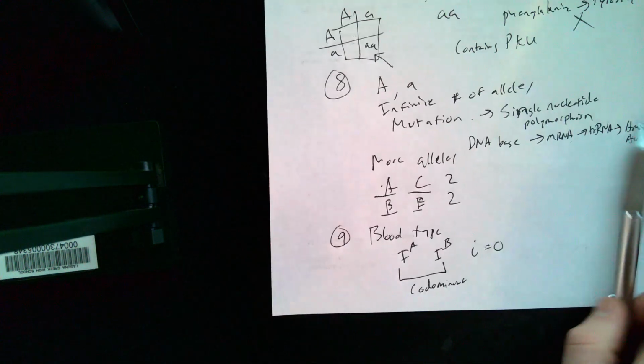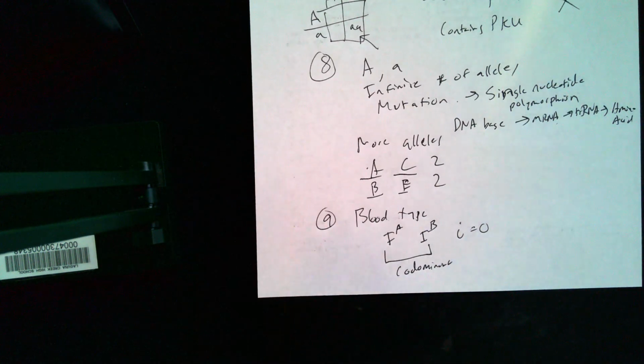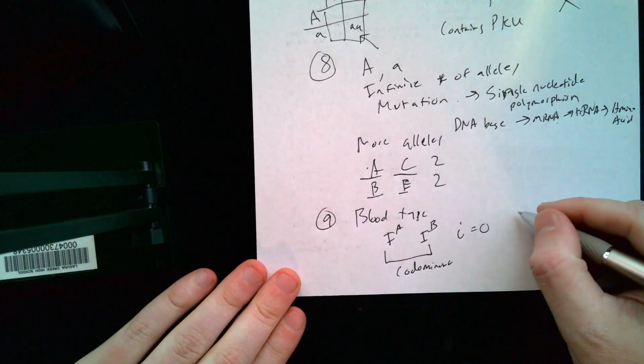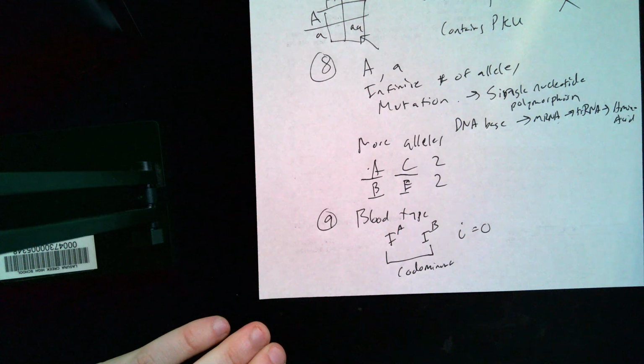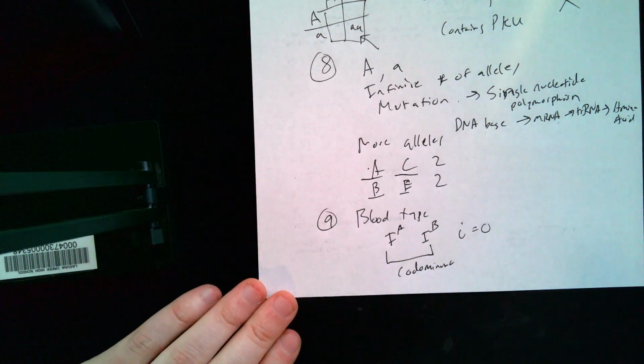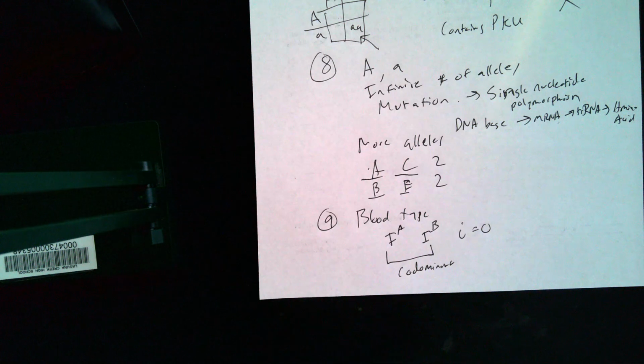And so you have codominance and then simple dominance with the other ones. And so if A and B are expressed at the same time, you would get both A and B. Once again, this refers to the antigens on the outside of your blood cells, whether you have the A markers, the B markers, or in the case of O, no markers, which is why it's the universal donor, which is why your buddy here got debated into giving blood again, finally.